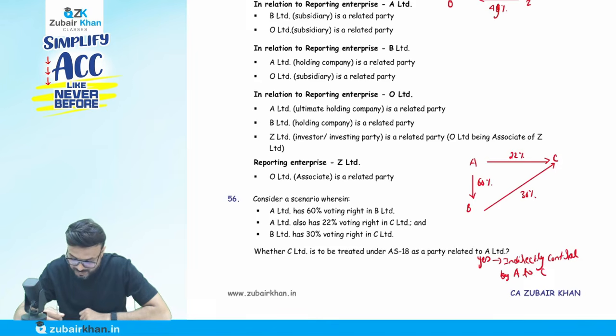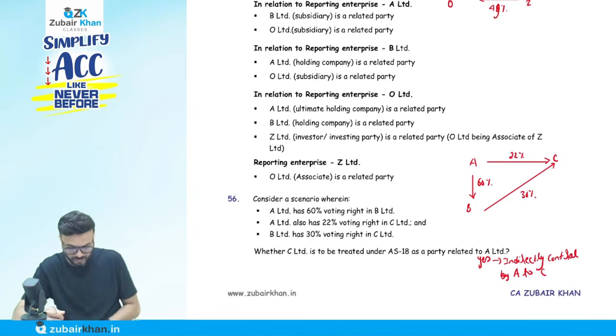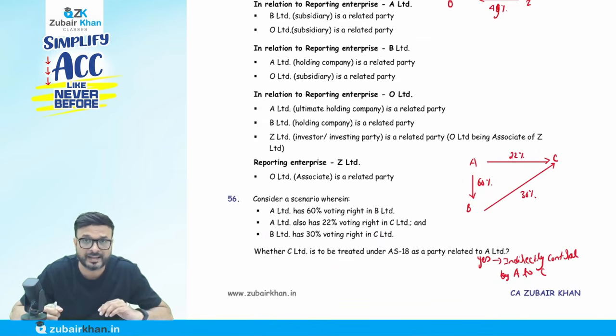Whether C is to be treated under AS 18 as a related party to A. A holds 60% in B, A has 22% in C, and B Limited has 30% in C. Understand this now.